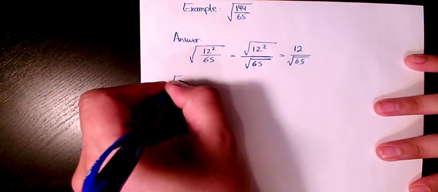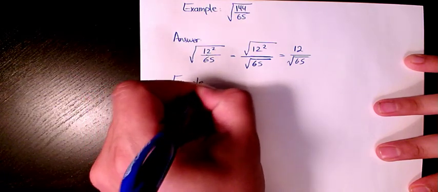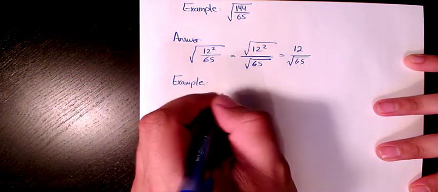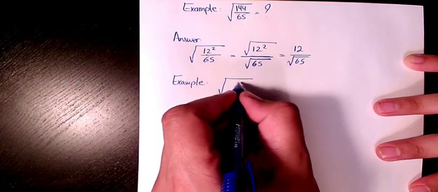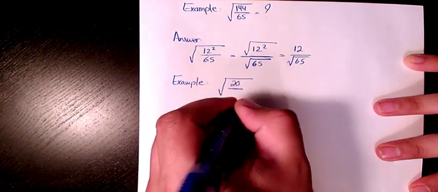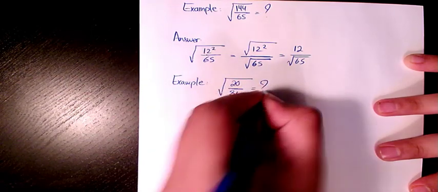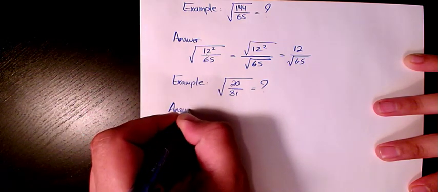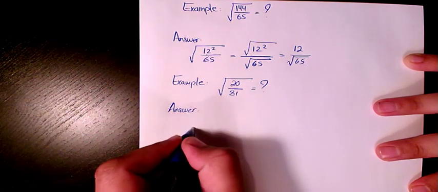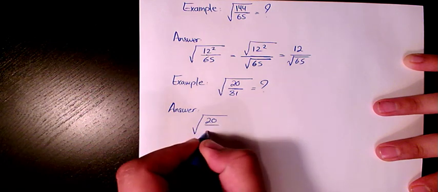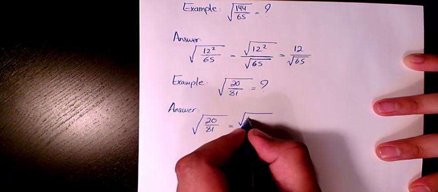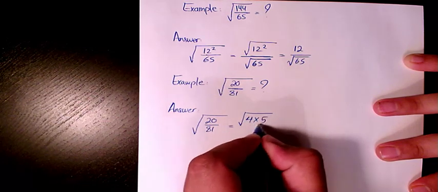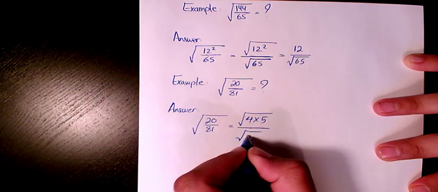Next example, we have to find out the simplified form of the square root of 20 divided by 81. 20 basically is 4 times 5. 81 is 9 squared.